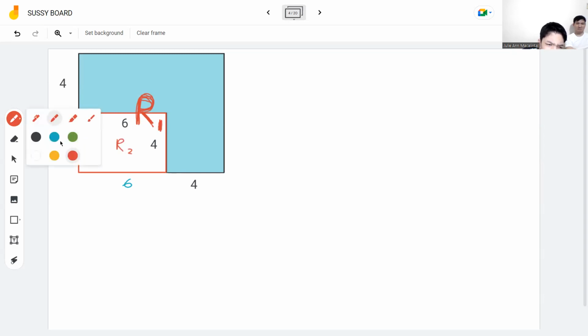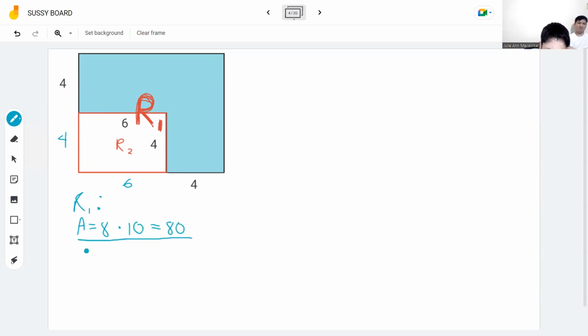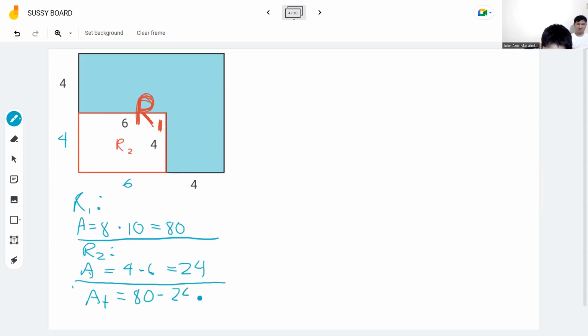The idea is rectangle 1 minus rectangle 2. Rectangle 1 is 4 plus 4, 8, times 10, 6 plus 4, which is 80. Then rectangle 2 is 8 plus 4 times 6 equals 24. The total is 80 minus 24, which equals 56.